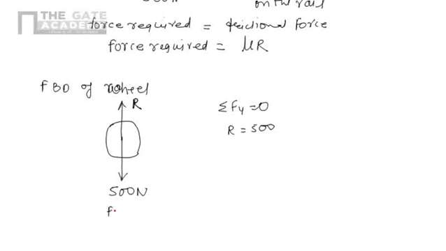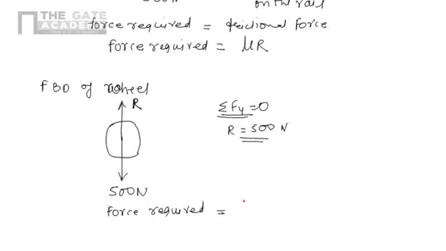So our force required. I will again mention, I drew the free body diagram representing only the forces in the y direction because I just want to know the value of R. By this equation, that is, the algebraic summation of all vertical forces should be 0, we can easily write R equals 500 Newton.